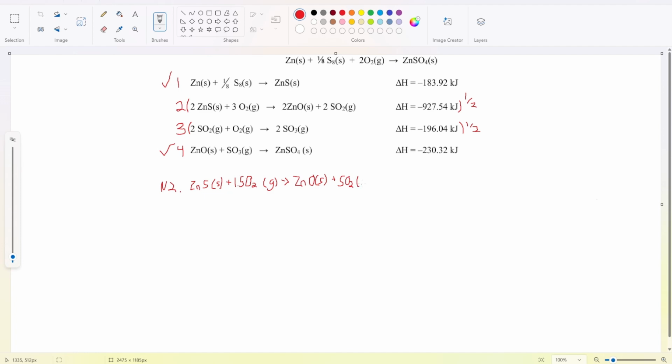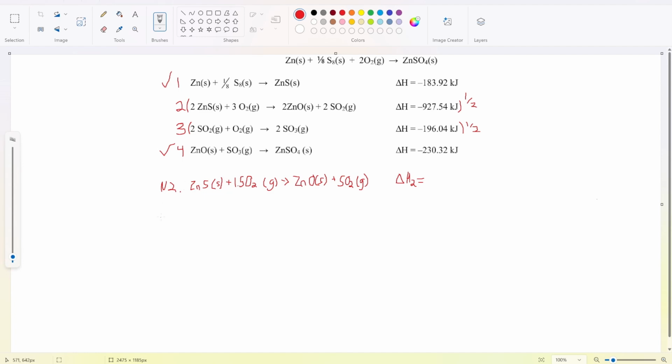And then we can worry about the delta H in a little bit. I'm just gonna write delta H2 equals, and we can worry about that after. So this is the new equation 2, right?